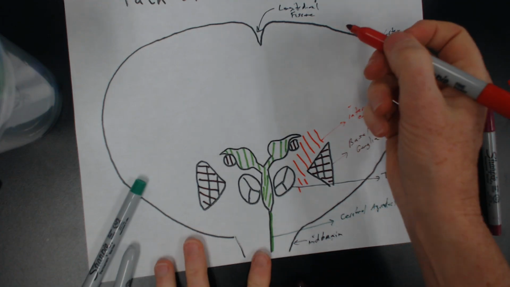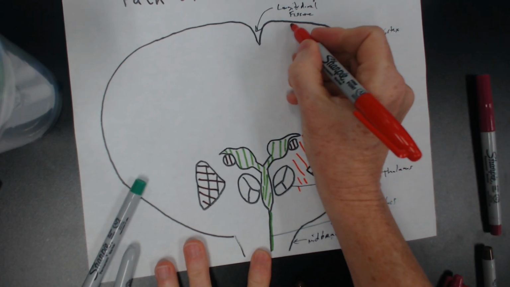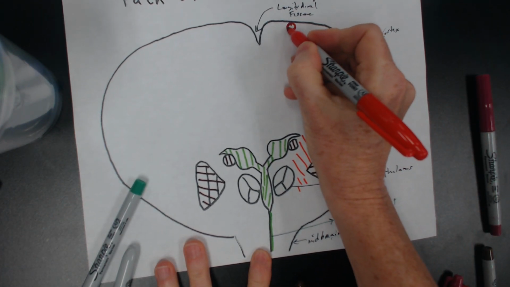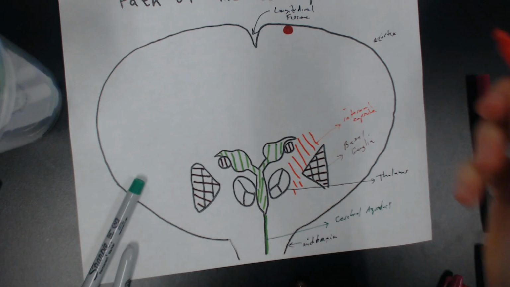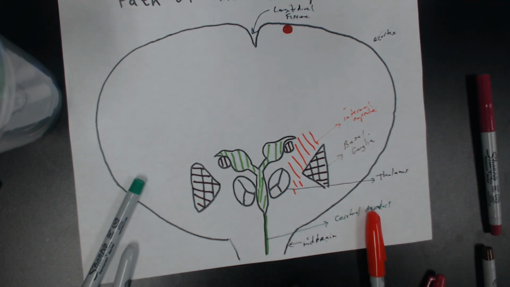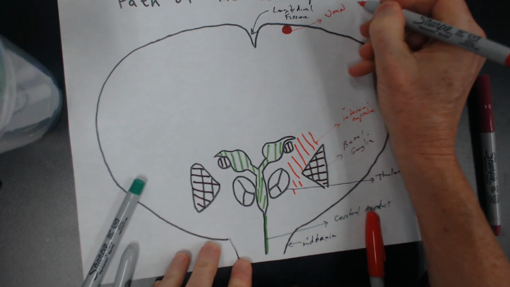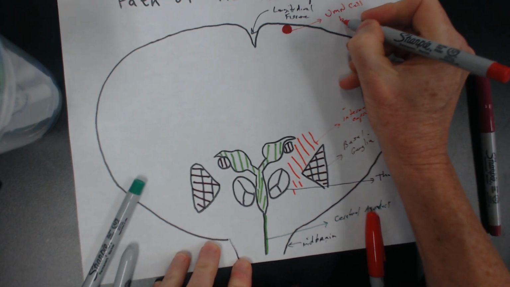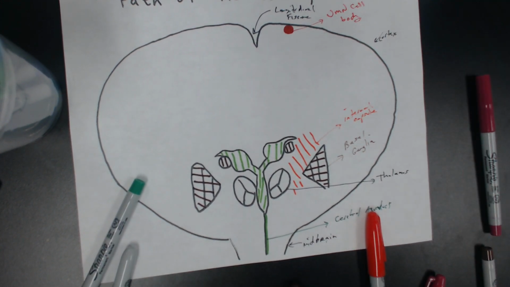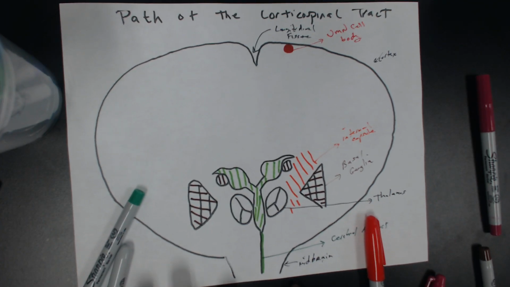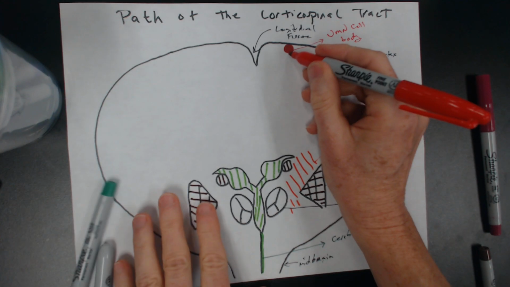the precentral gyrus. Up here in the precentral gyrus, I'm going to have an upper motor neuron cell body. I'll abbreviate upper motor neuron as UMN. There's my neuronal cell body. That upper motor neuron cell body is going to send out an axon. Now you're going to see how it travels.